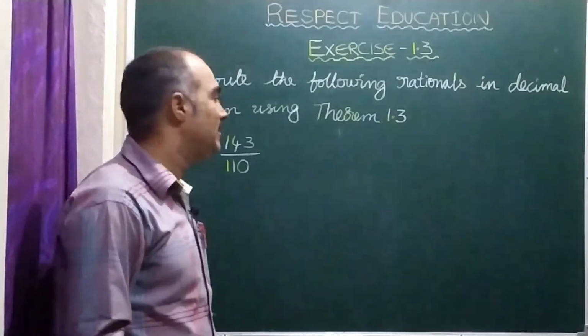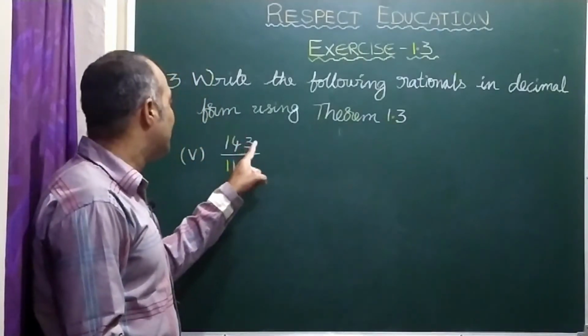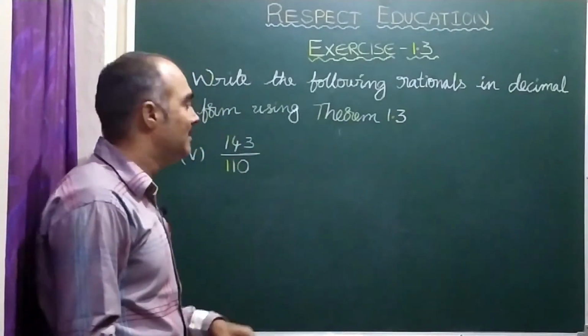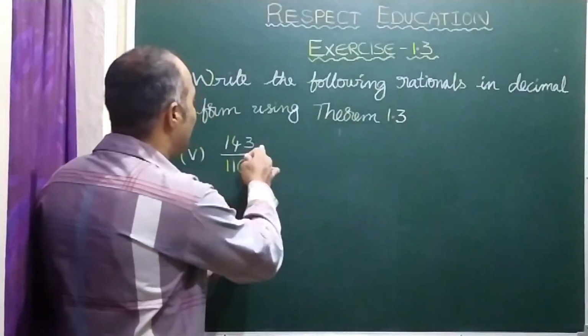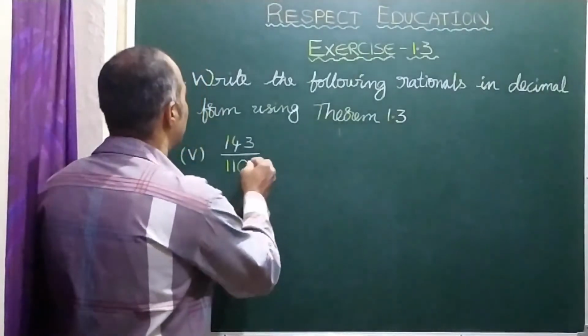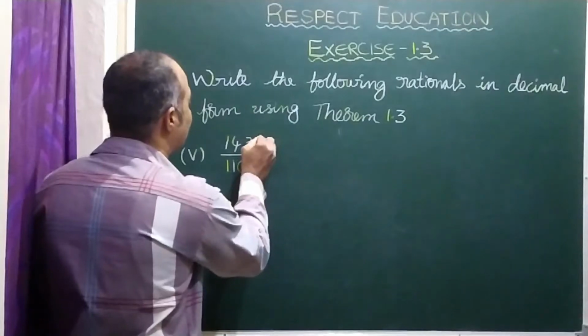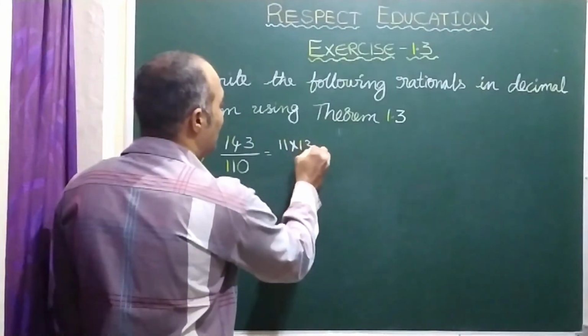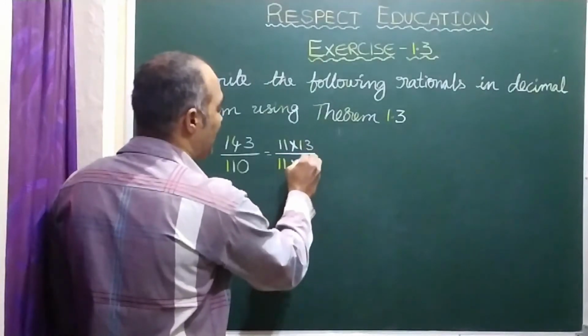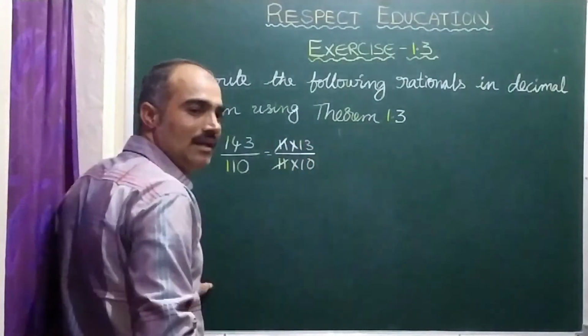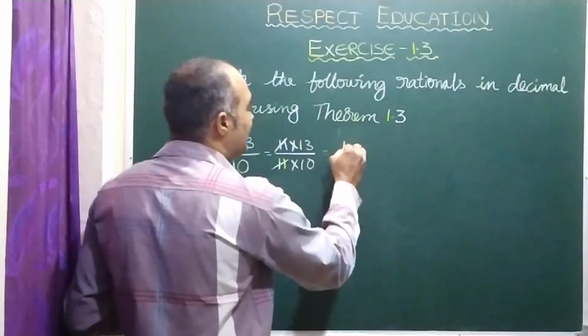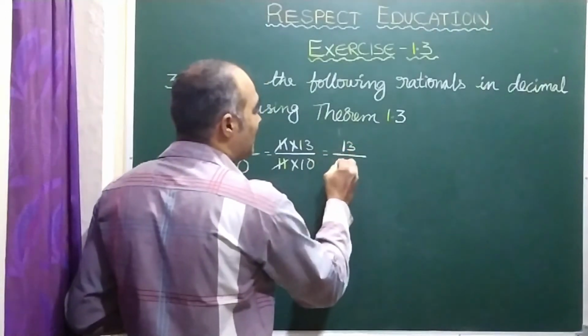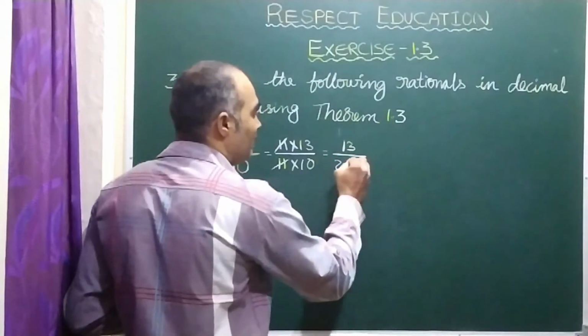Now let us see the next bit, that is the fifth bit, 143 by 110. Before starting this problem, let us check whether any cancellation is there or not. See here, both the numbers get cancelled with 11, children. We can write 11 into 13 by 11 into 10. So 11 gets cancelled. Now the problem becomes easier. It is 13 by 10, which can be written as 2 into 5.